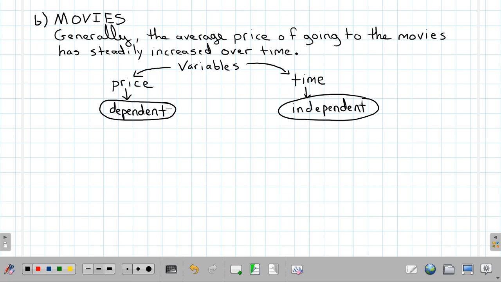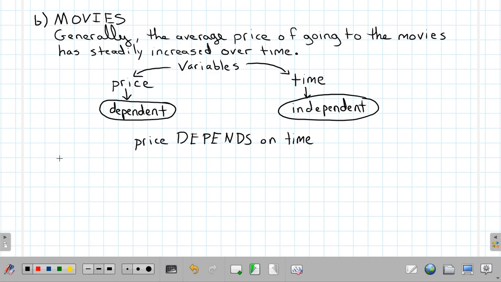So in this case, the time tells what the price is. So the price depends on the time. So price depends on time. Okay? Price depends on time.